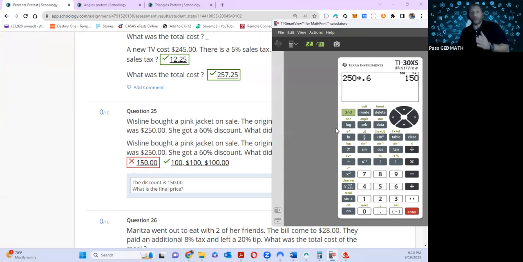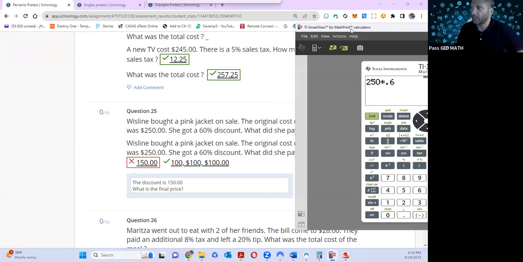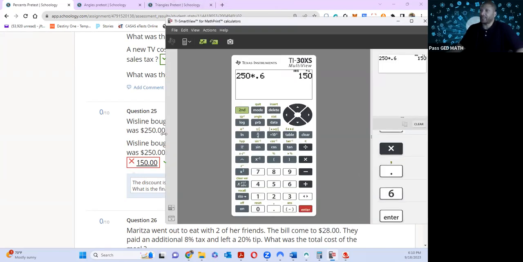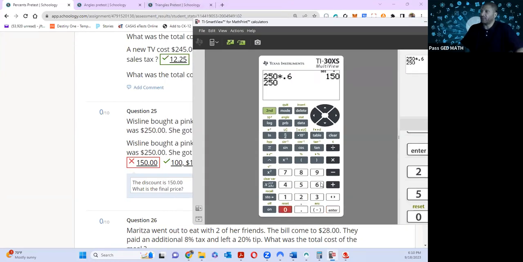So you got the 150, but understand what the 150 is. 150 is the discount, not what she paid. So once you got that discount, you have to subtract that from what the jacket originally cost. So 250 minus 150. So what she wound up paying for the jacket was $100.